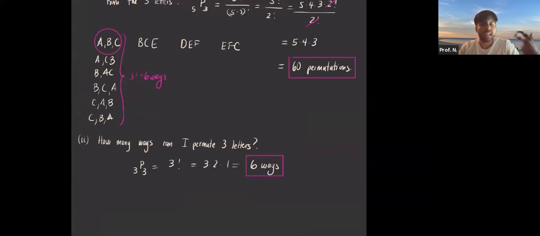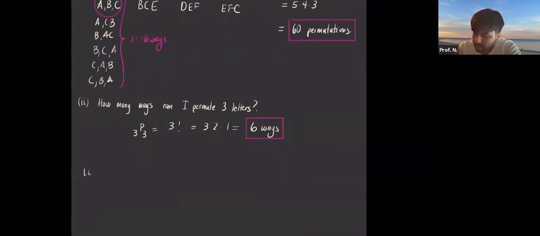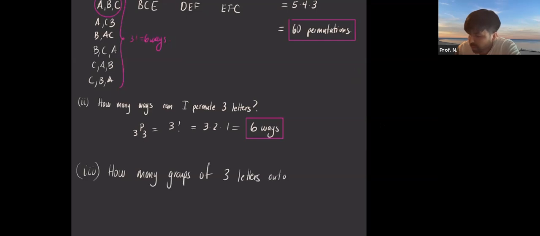Yeah, we just want the groups, exactly. And that is why Alexandra made a great point. You're dividing essentially. So the question is, how many groups of 3 things can be made out of 5 things? How many groups of 3 letters out of 5 letters are made?